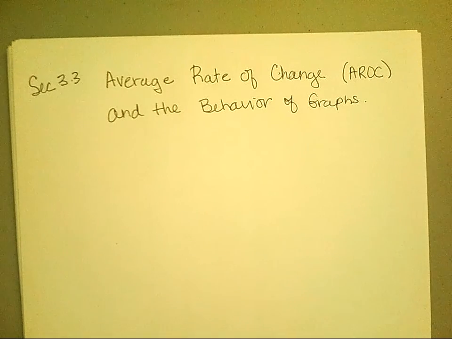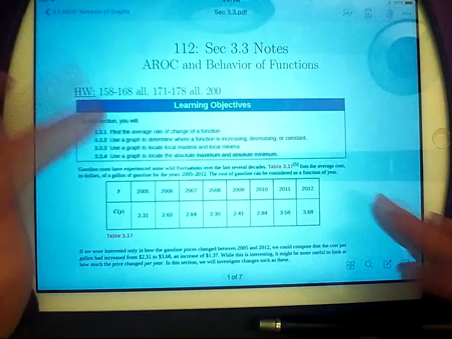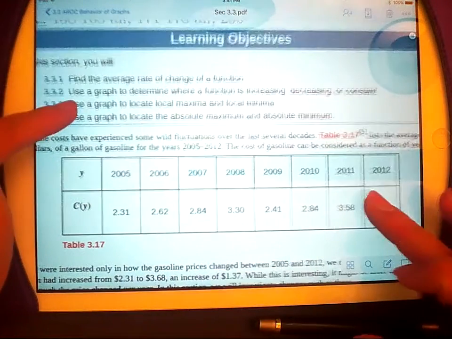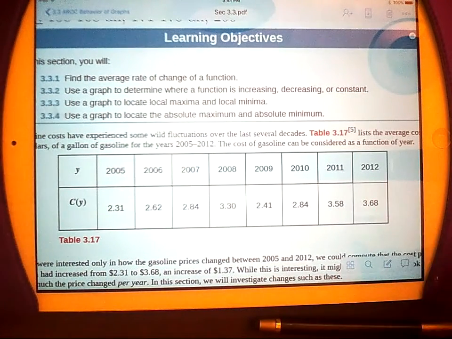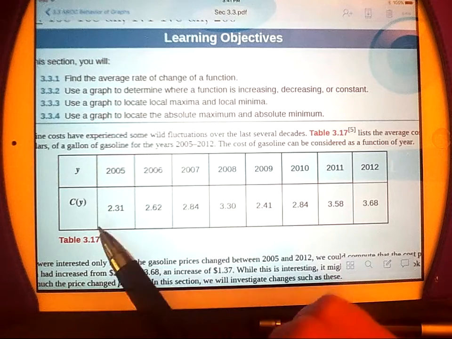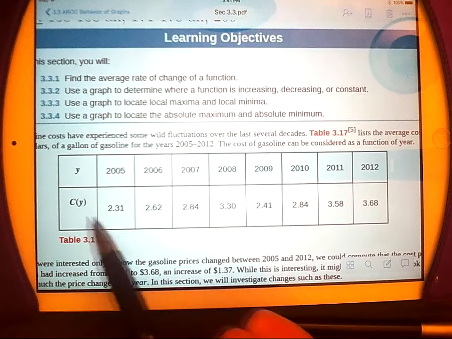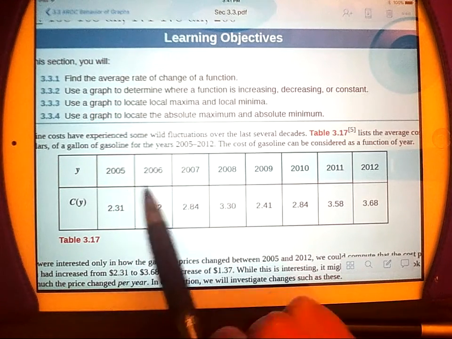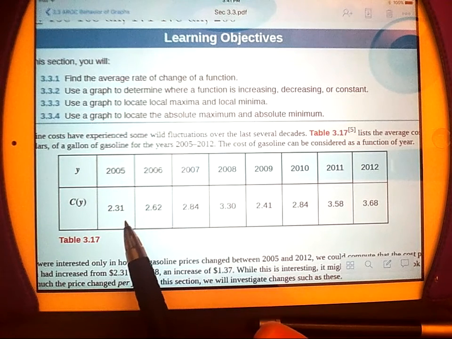Okay, so let's look at this chart. What this chart is, it's the cost of a gallon of gasoline for every year. So in 2005, the cost was $2.31.